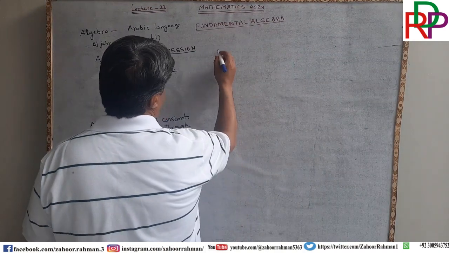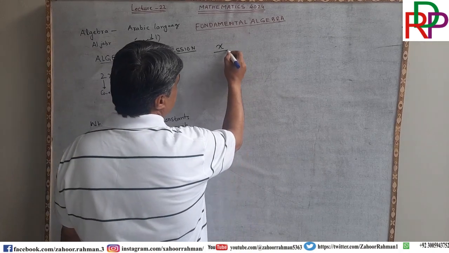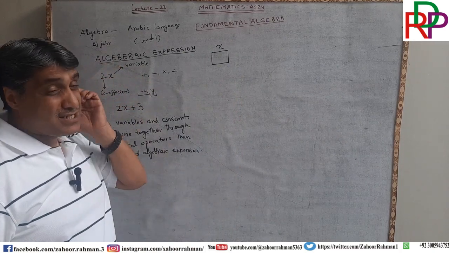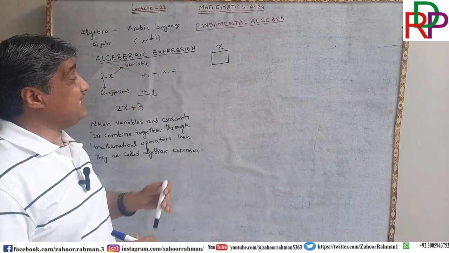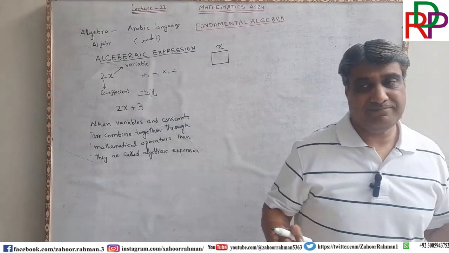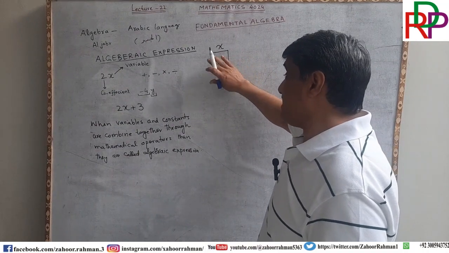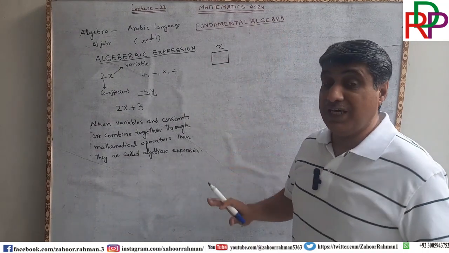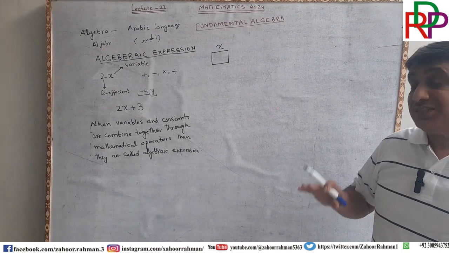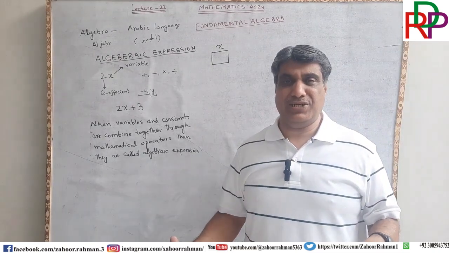For example, there is a box in which there is a value, but it is not visible to us. So we are saying the value is X. Now we have to find the value of this X by giving further explanation.